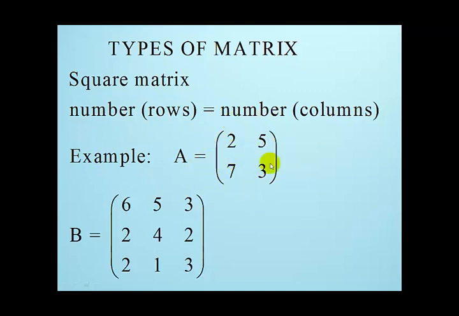So it's a 2 by 2 matrix. That's a square matrix. Now the matrix B, we have 3 rows and 3 columns. So this is a 3 by 3 matrix, and that's the square matrix.